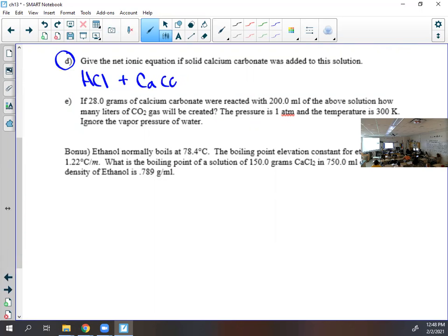Good job. CaCO3. I should always double check my charges: +2, -2, so that's good to go. Then my arrow. What's it going to react and form? Water. Carbon dioxide. How did you remember that?